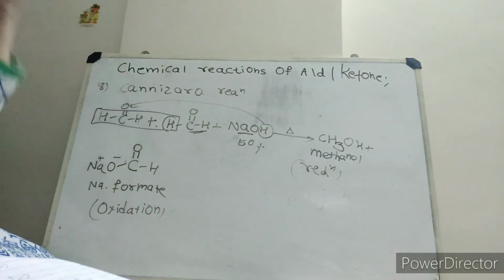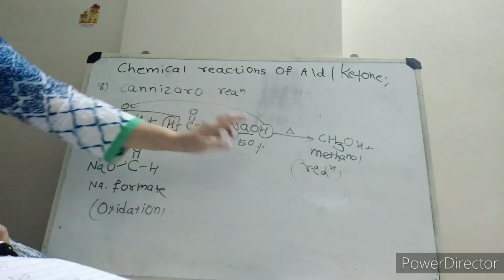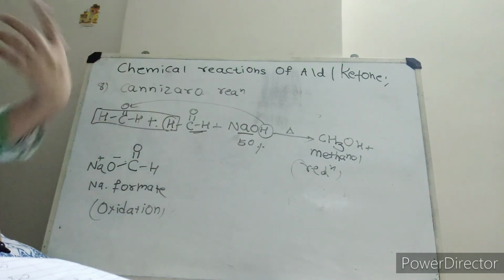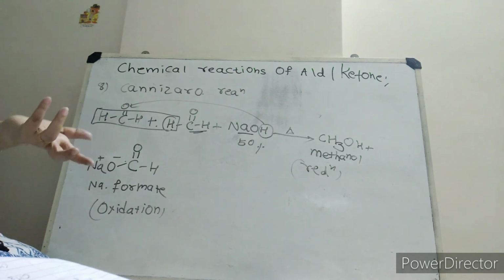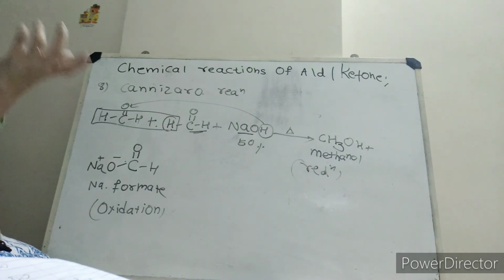So in this reaction, both oxidation as well as reduction take place simultaneously. Hence, it is known as a redox reaction, or also as a disproportionation reaction.